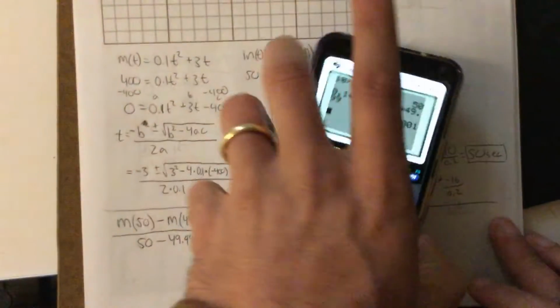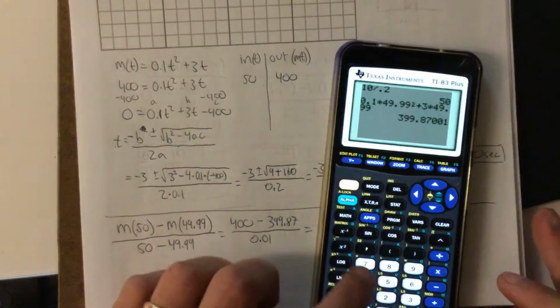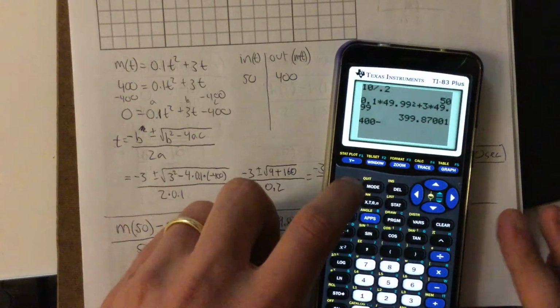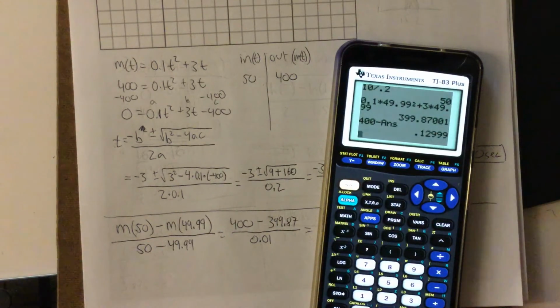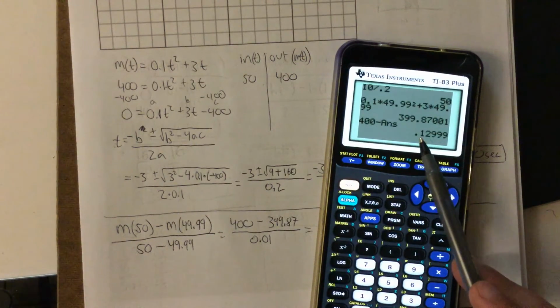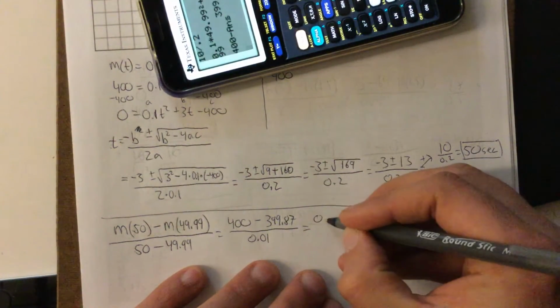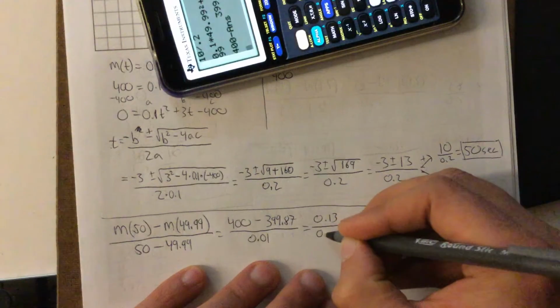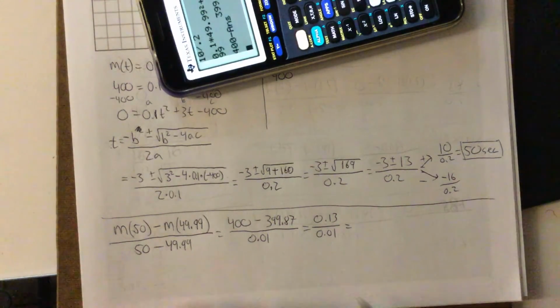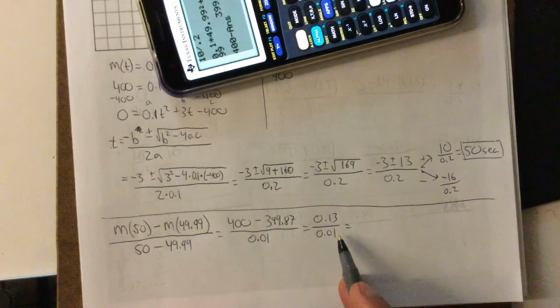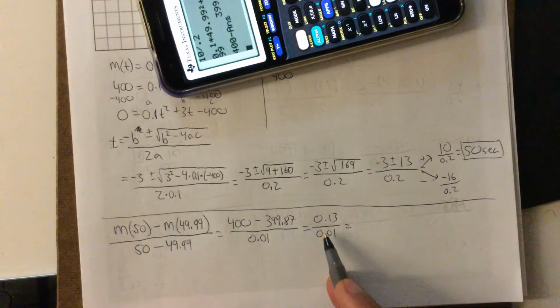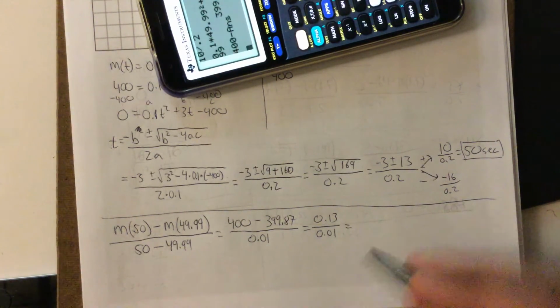Then if we take our 400 meters and subtract that, we get, we'll call it 0.13. And we know that when we divide by 0.01, it's like multiplying by 100, which moves our decimal over 2 places.